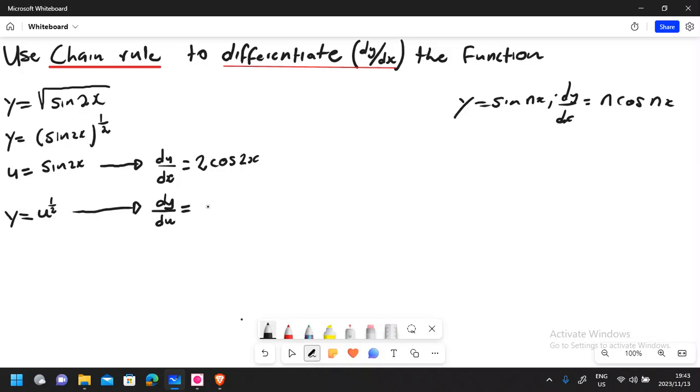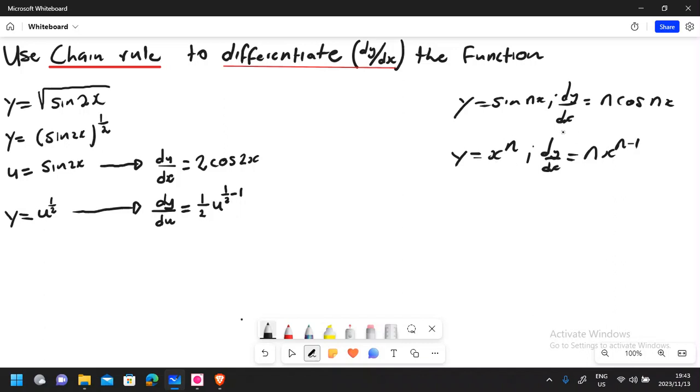So this one here, we're just going to use our standard derivative, if you still remember. If y is equal to x to the power of n, when we derive it, it's going to be n times x to the power of n minus 1.